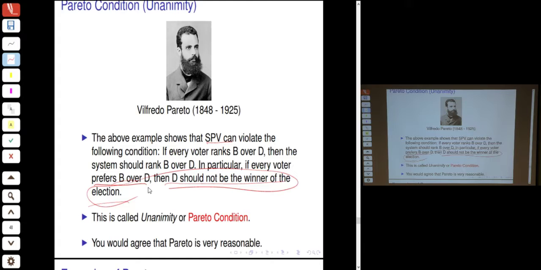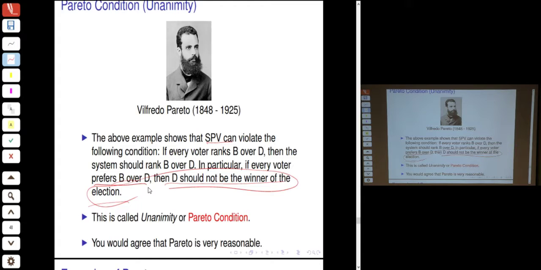So this is a problem with SPV. It violates the Pareto condition or unanimity, which says that if every voter prefers one candidate over the other, then the candidate who is less preferred by every voter should not become the winner of the election.